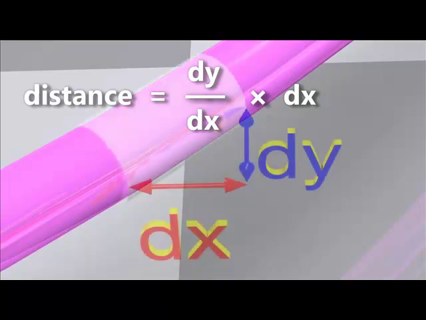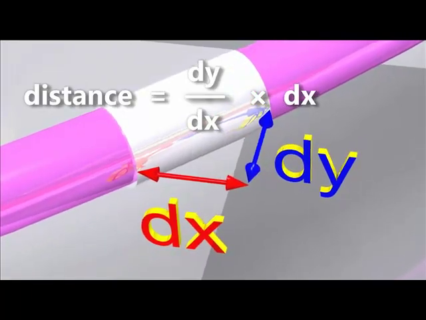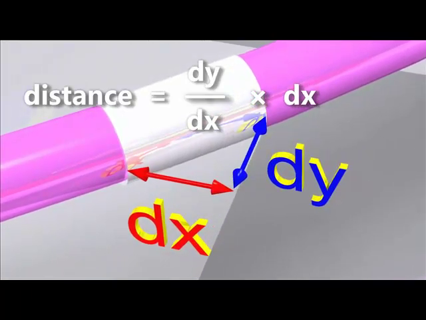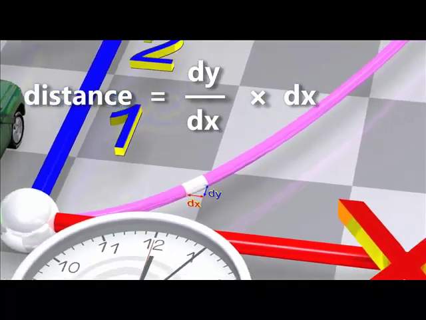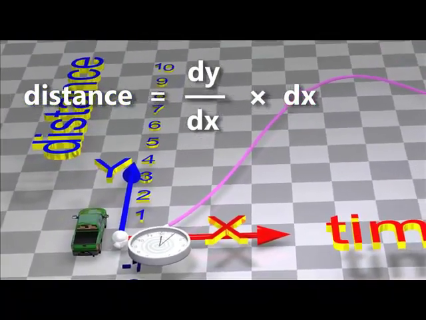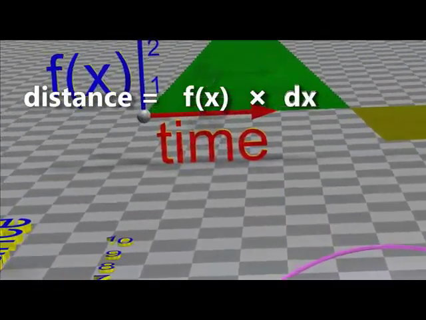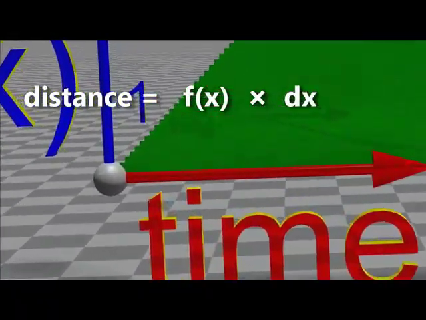And since distance is equal to speed into time, speed is dy by dx into time is dx, small change in time. So small distance covered will be dy by dx into dx, where dy by dx is speed in that interval.